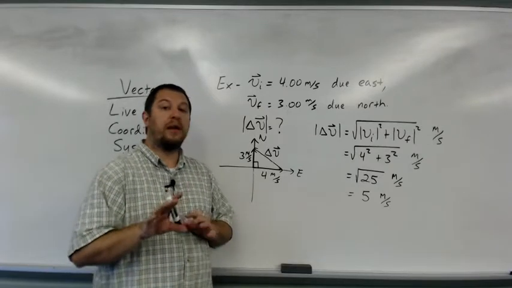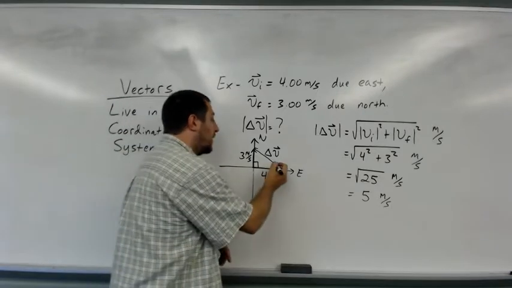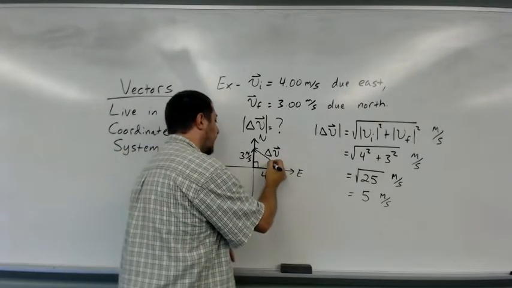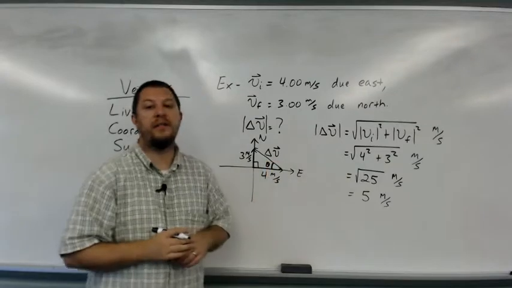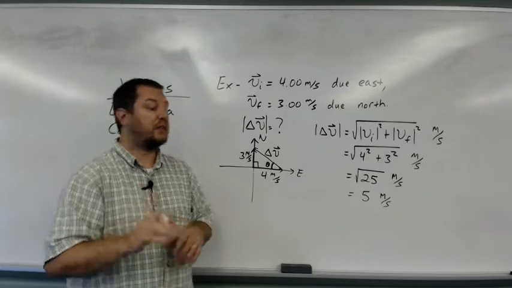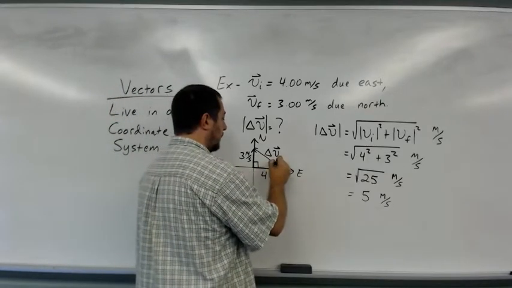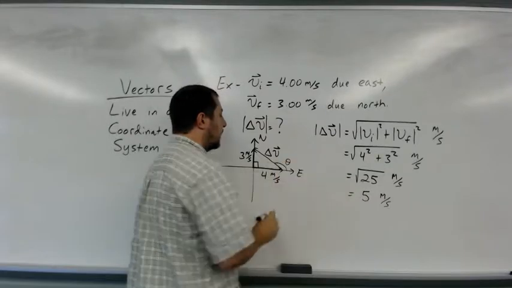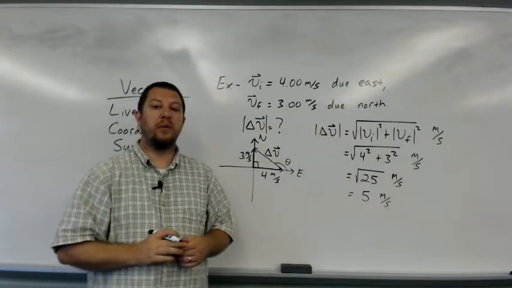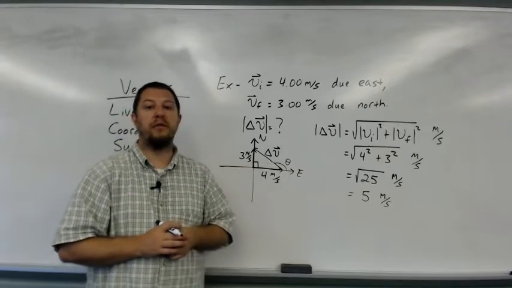And for the upper courses, when we start to talk about direction, the direction is going to be this angle right here. We're going to typically measure angles with respect to the x-axis. Or, actually more formally, it would really be this angle right here. Okay, that is the angle that we're going to talk about when we talk about the direction of the change in motion for the upper courses.